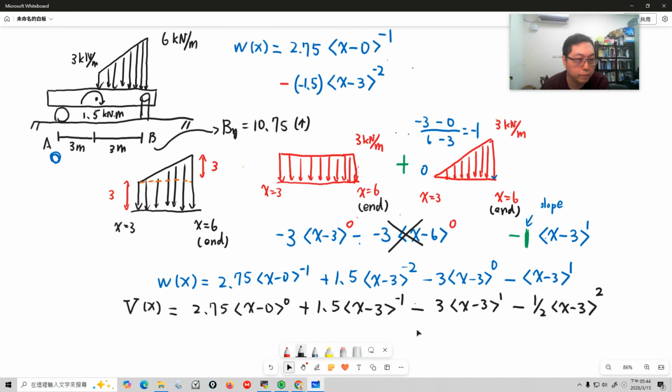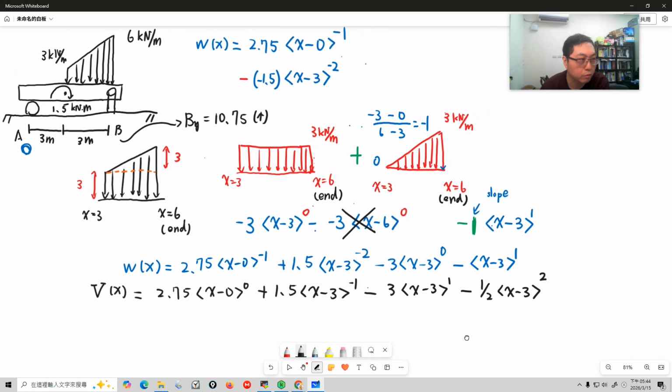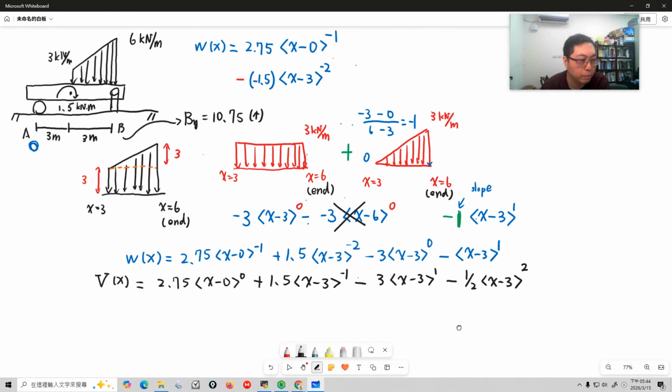Next one. The final important one is the moment function. Power 1, power 0, so the integration rule is also very simple: x minus 0 to the power 1. And here the power is minus 1; don't forget the integration rule, just add 1 to the power.